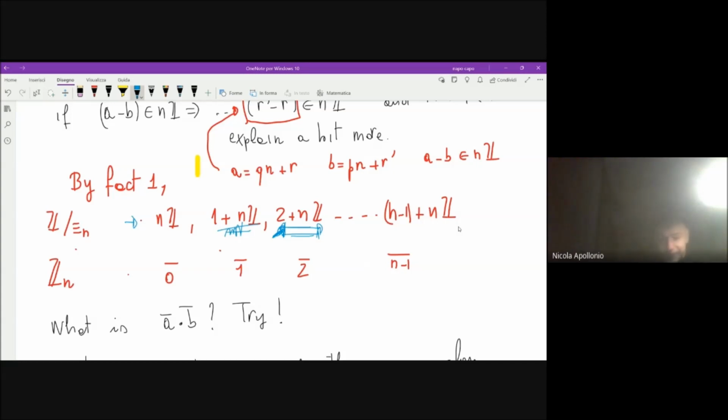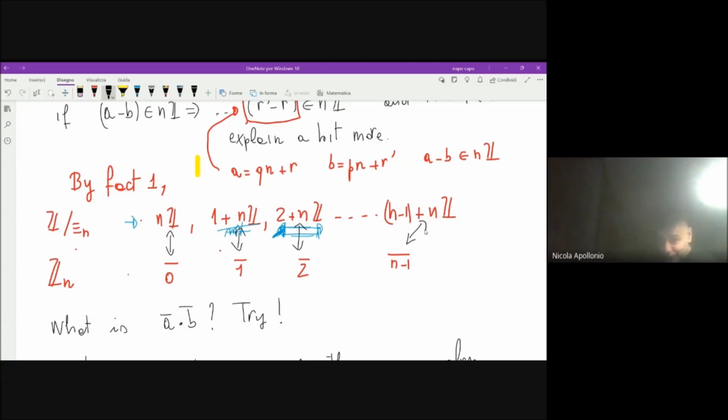And there is this bijection. Each one of these classes is uniquely determined by the remainder of the division.